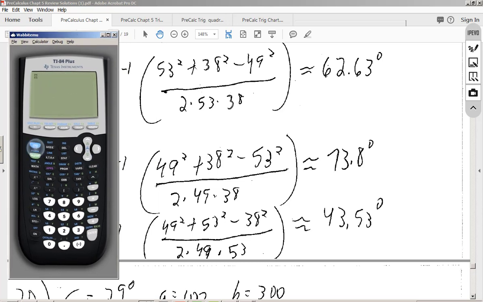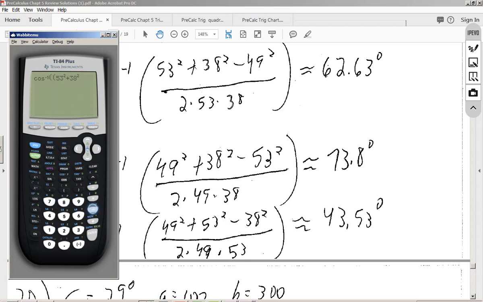So notice you hit second, cosine inverse, and then you're going to make sure you put parentheses around your numerator and your denominator. So I'm going to need another set of parentheses here, so I'm going to type in 53 squared, plus 38 squared. I didn't get that 38 in there, so let's try that again. So 38 squared.